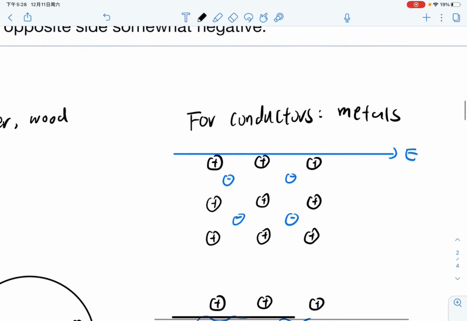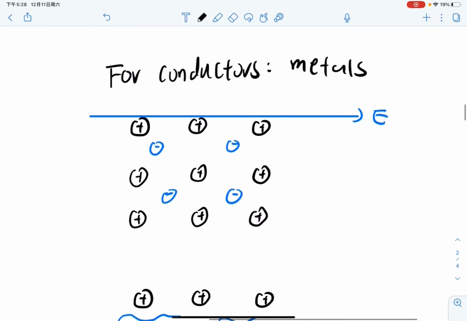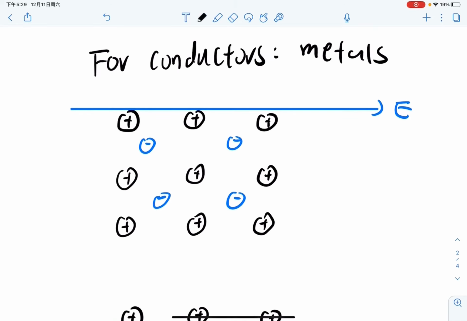And for conductors like metals, the positive charged ions are not free to move because they are very, very heavy. But the negative charged electrons are free to move because they are very, very small compared to the large charged metal.